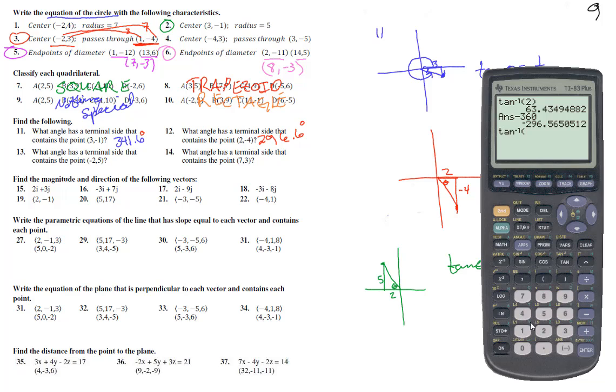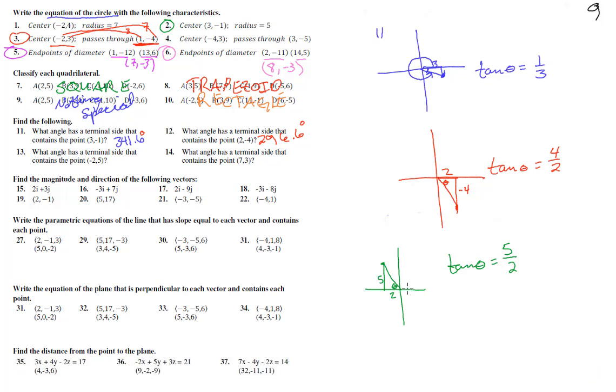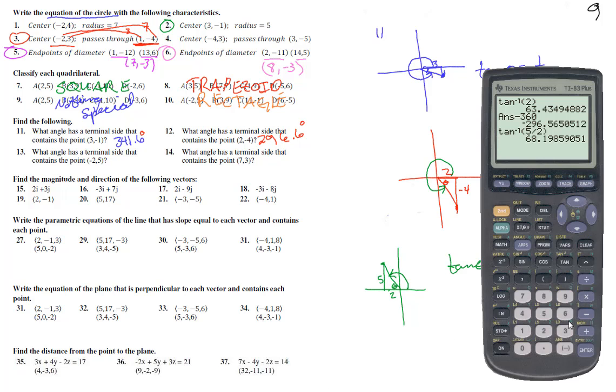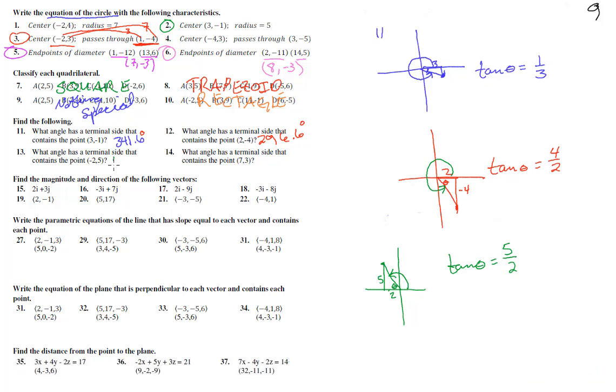Inverse tangent of 5 over 2. And we get 68. But notice, on this angle, we're measuring this guy right here. We're not coming around all the way to 360. This needs to subtract from 180. So we're going to subtract from 180. Note that we are subtracting backwards. So we now have 111.8.